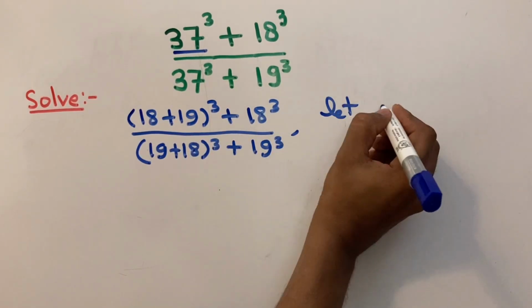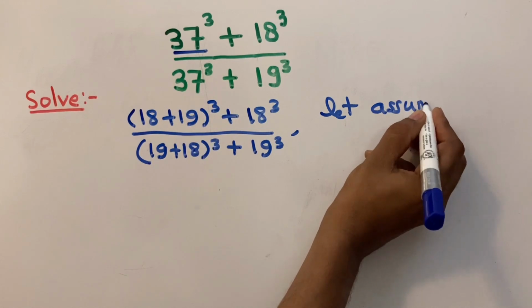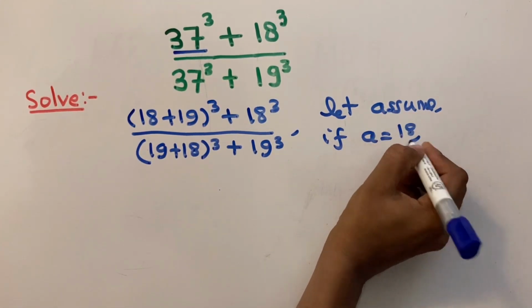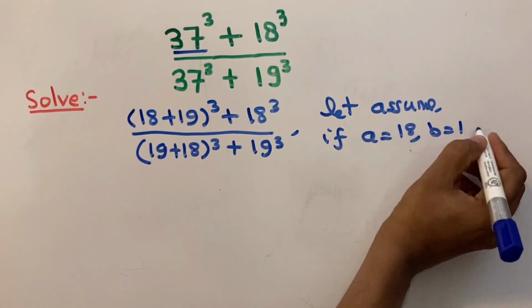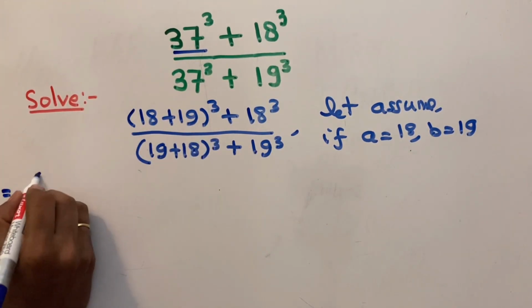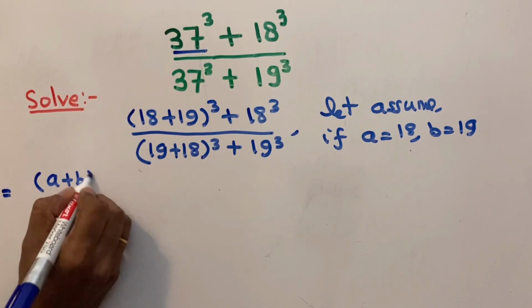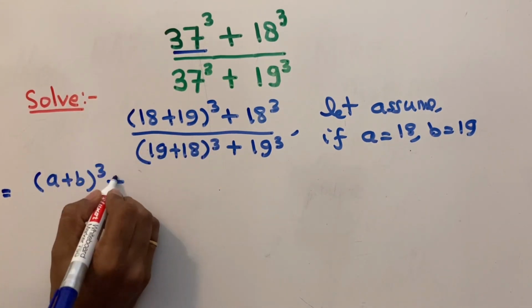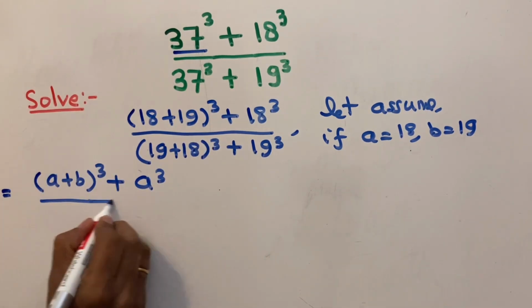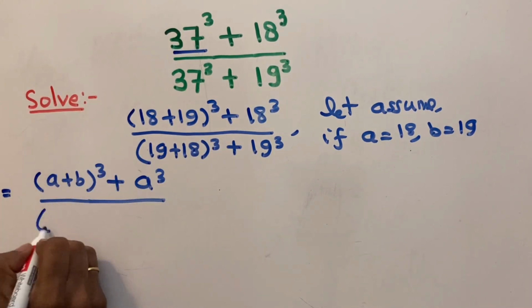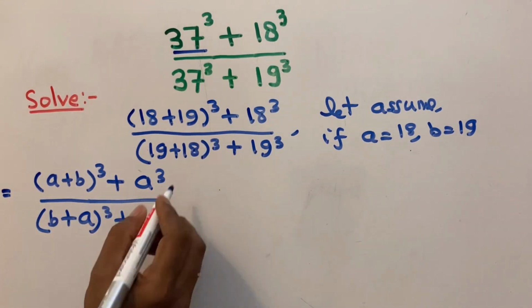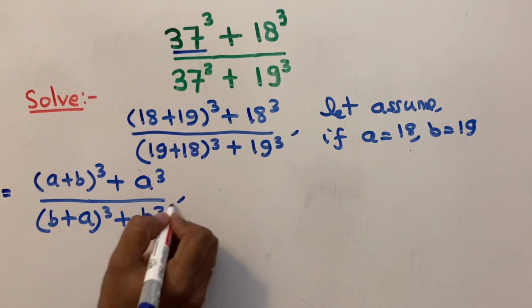Let us assume a equals 18 and b equals 19. So this expression simplifies to (a plus b) to power 3 plus a to power 3 divided by (b plus a) to power 3 plus b to power 3.